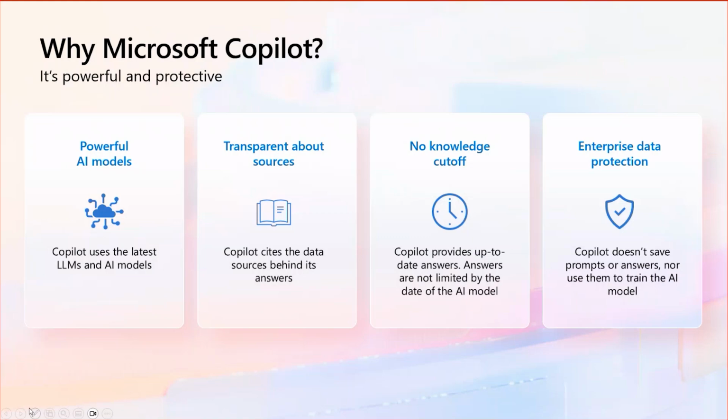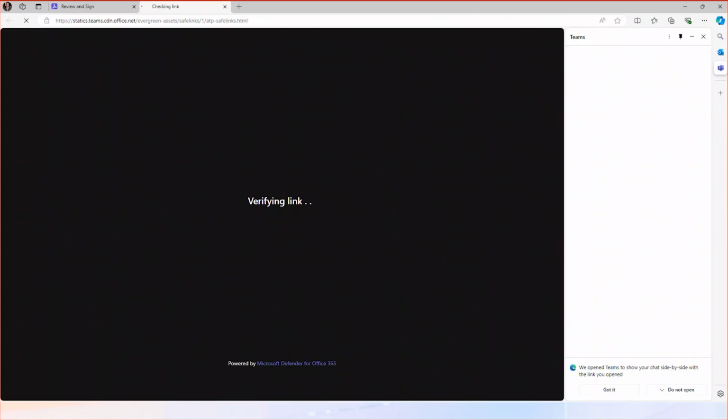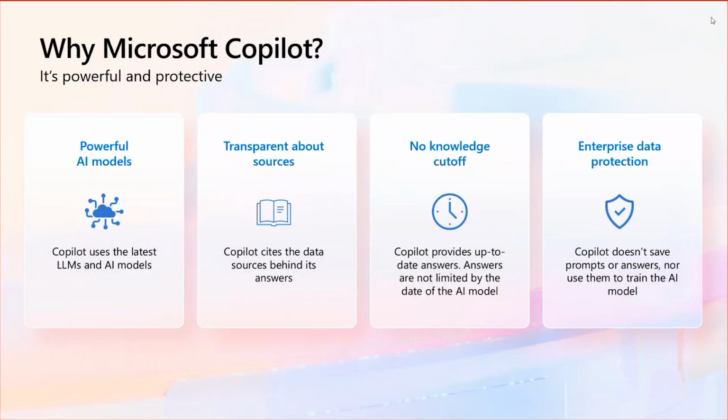And one of the most important things I really like about Copilot is that it will list its sources, and you can validate them, because hallucination is a real thing when you think about it. I wouldn't say it'll always give you erroneous information, but it's very easy to understand why it can.